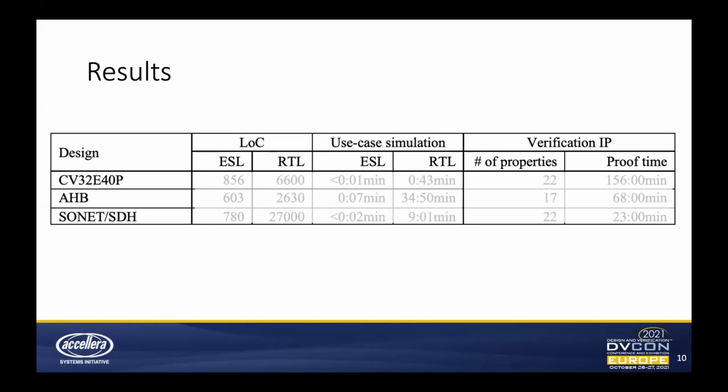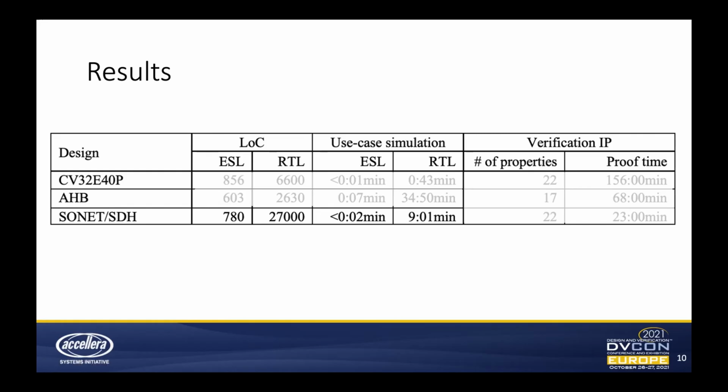Lastly, this is just a sequential design. It's not a pipeline, but I still wanted to put it there because this is probably one of the sweet spots of the entire idea when you want to use formal: a really control-dominant design. It's a SDH framer with little computation, so few data path components. And here we get a really big abstraction regarding lines of code between ASL and RTL, but also a big abstraction for the simulation.